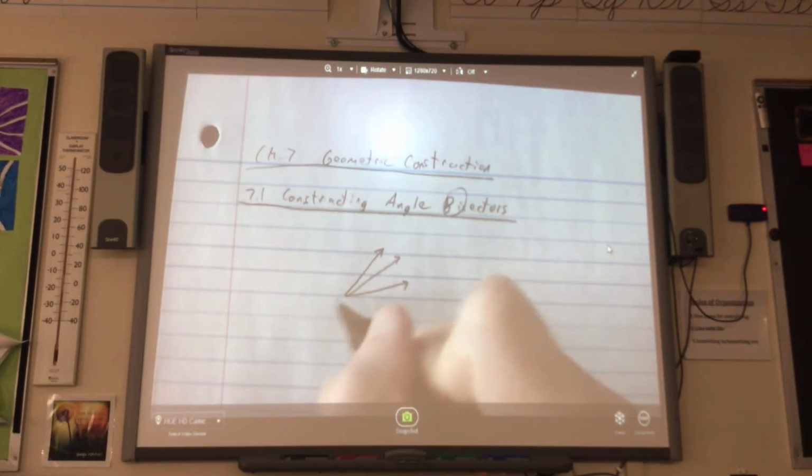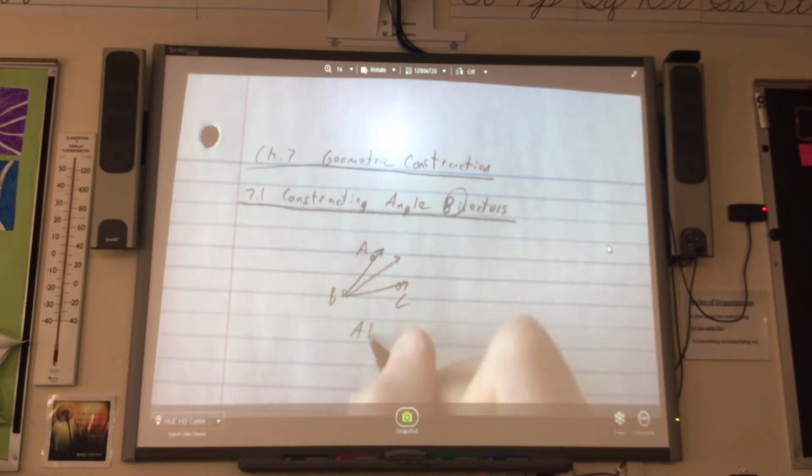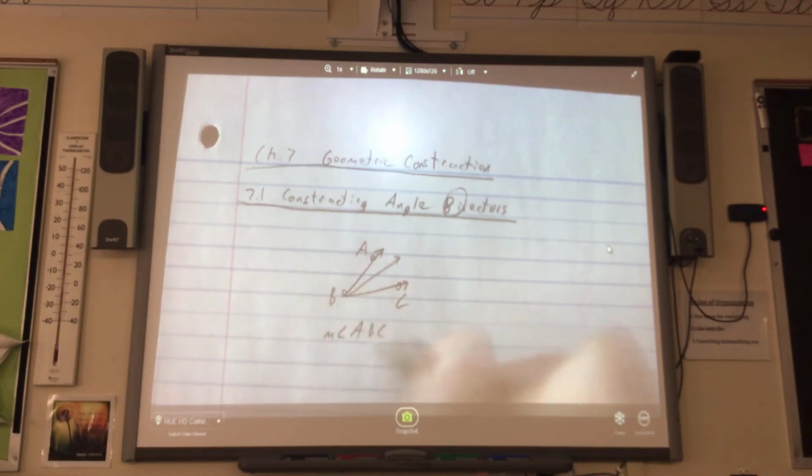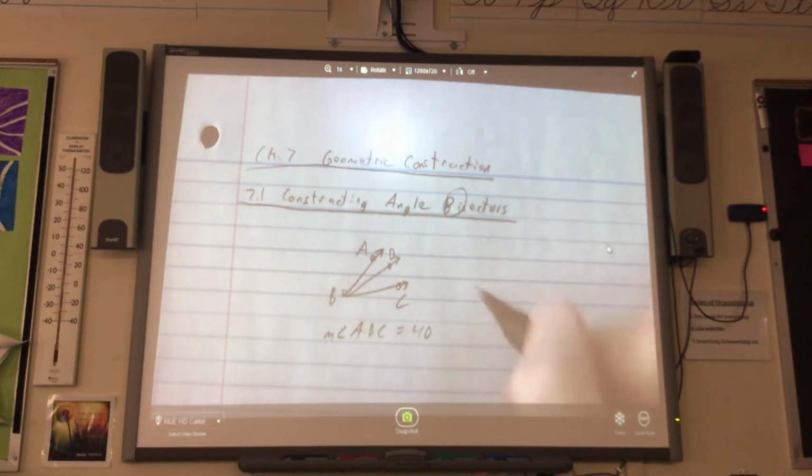So let's say that this is angle ABC, and let's say that's 40 degrees, and this is D. If BD is a bisector, that means that the measure of ABD and the measure of DBC is what?